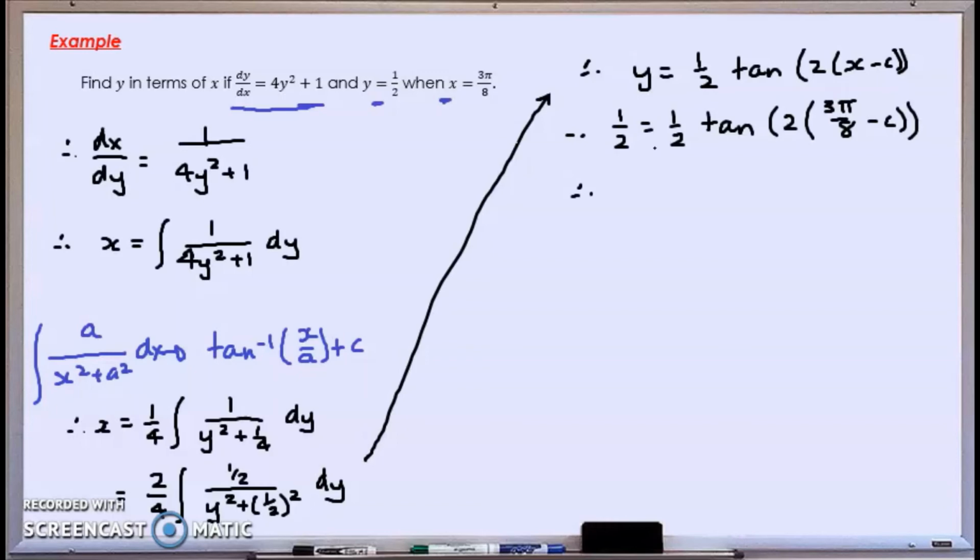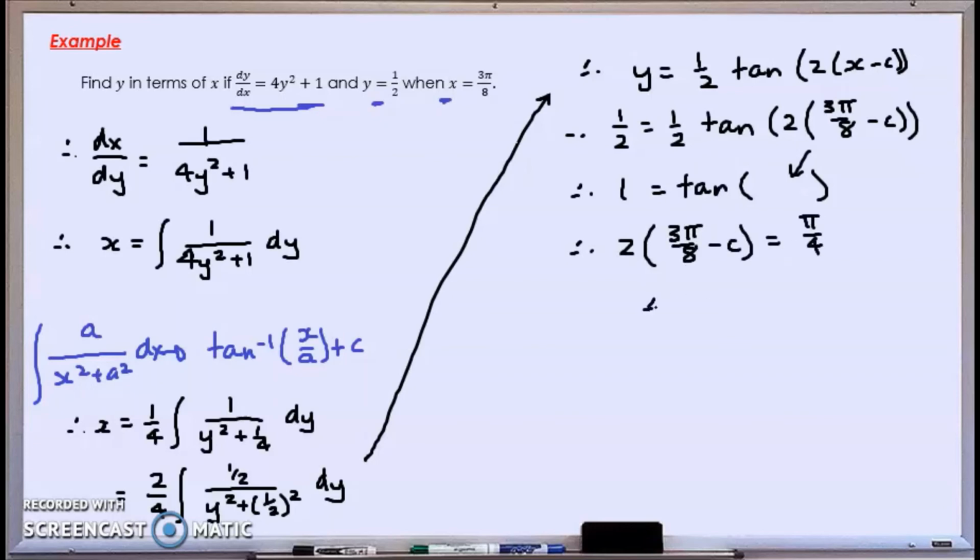Now I'm going to multiply both sides by 2, so I'll have that 1 equals tan of this business, and therefore this will equal pi on 4. So 2 outside of 3 pi over 8 minus c equals pi on 4.